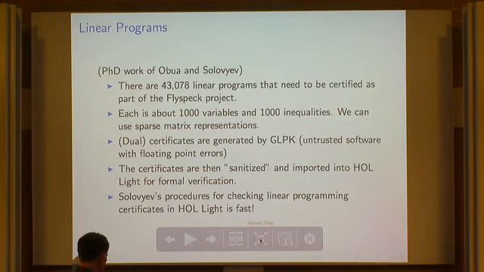If you have a maximization problem, say maximize Cx such that Ax is less than or equal to B and x bigger or equal to 0. You should interpret these all as vector quantities. So A is a matrix, and Cx is the dot product of vectors and so forth.